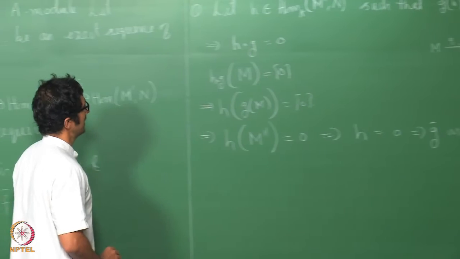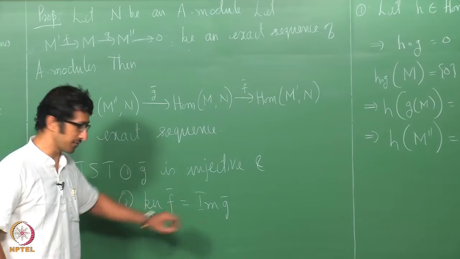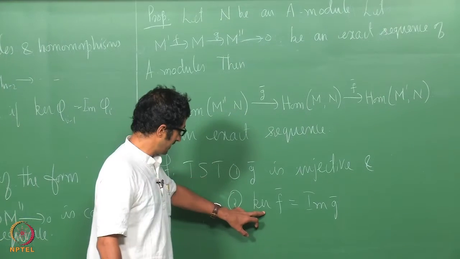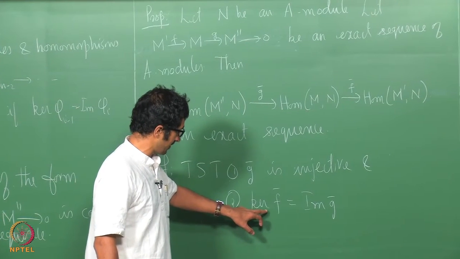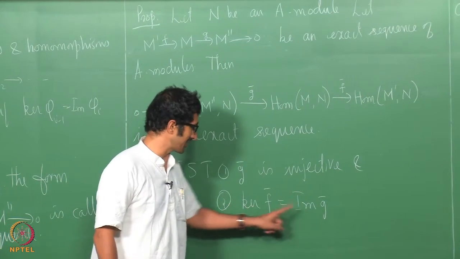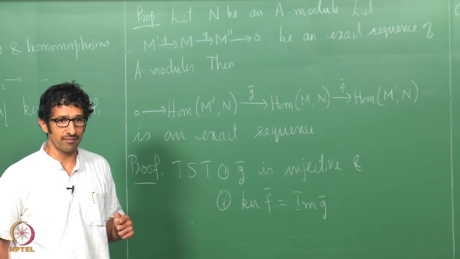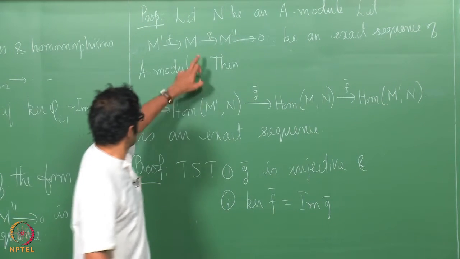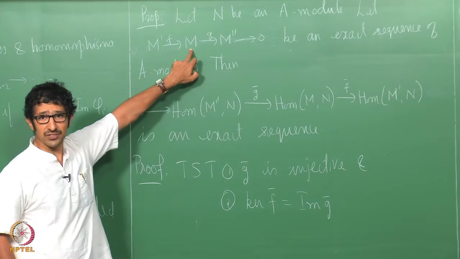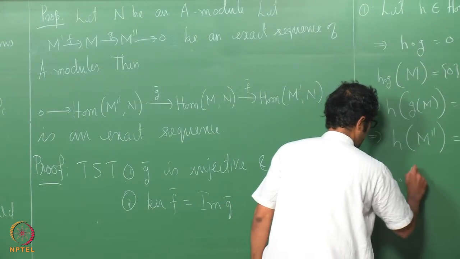Now we want to show the second part, kernel of f bar is equal to image of g bar. See, whenever we are talking about this exactness, when you have to prove these two are equal, we have to say that this is contained here and this is contained here. Most of the time one of the inclusions follows very quickly. Here, image of f is equal to kernel of g, or in other words g composite f is 0.